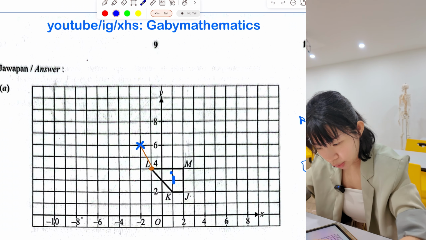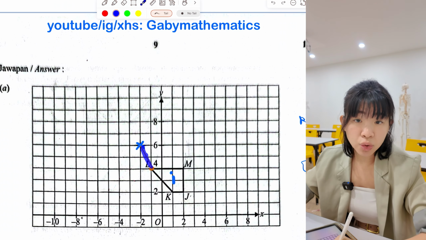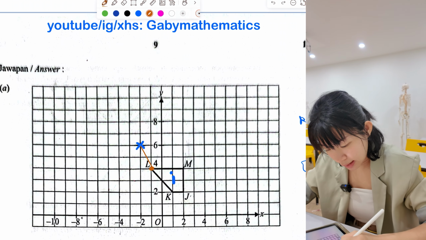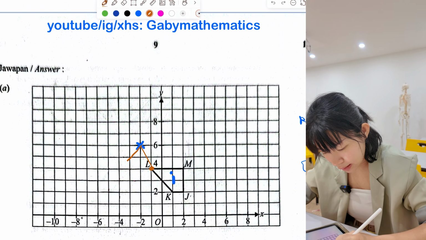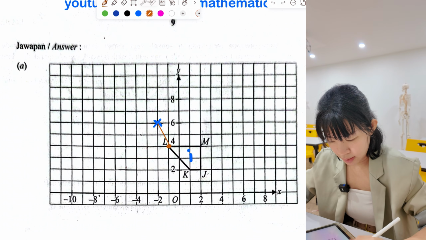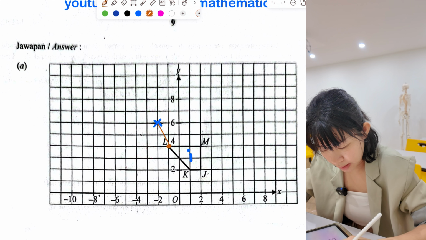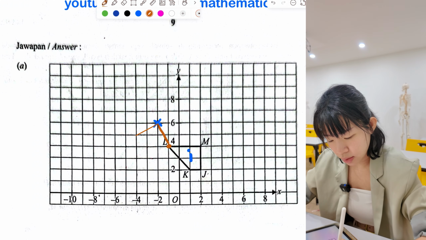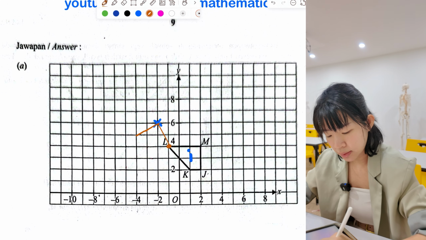But for this question, it's quite easy to identify because the line here is so short. I want anti-clockwise at 90 degrees. It will be here. Two boxes, so the object of L is this one.